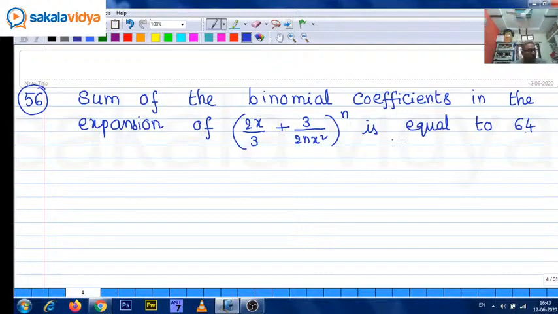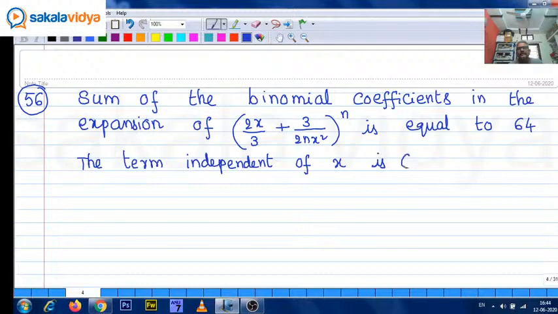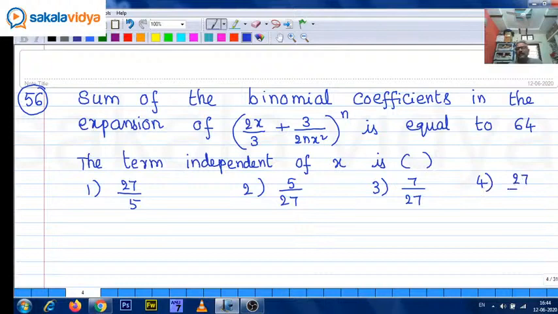The term independent of x is: first option 27 upon 5, second option 5 upon 27, third option 7 upon 27, fourth option 27 upon 7.